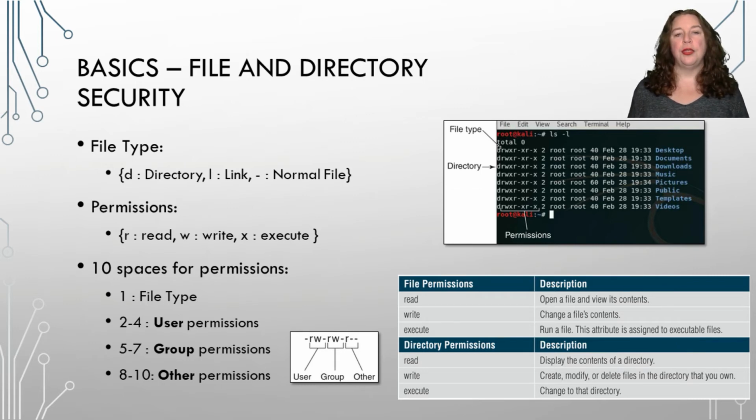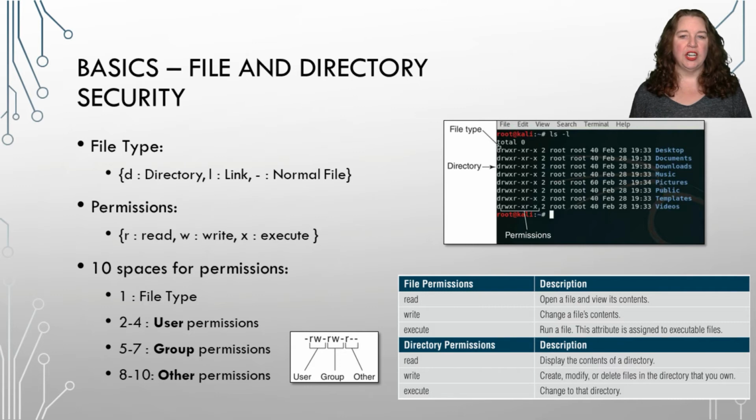Then we create 3 groups of 3. So 2 through 4, 5 through 7, 8 through 10, 3 groups of 3. They are going to tell us read, write, and execute in order: rwx, rwx, rwx. If you have user permissions on whatever this is, read, write, and execute, those letters will show up. If you do not have permission, then they'll have a dash there instead.